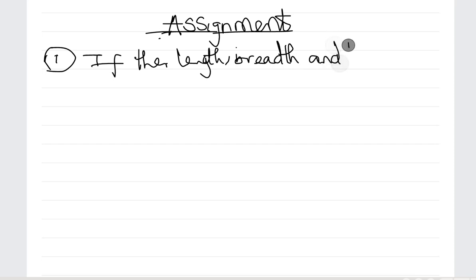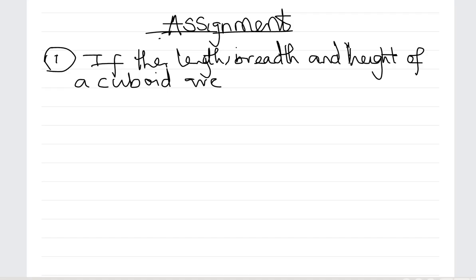Number 1: if the length, breadth and height of a cuboid are 10 centimeter, 5 centimeter, and 8 centimeter.